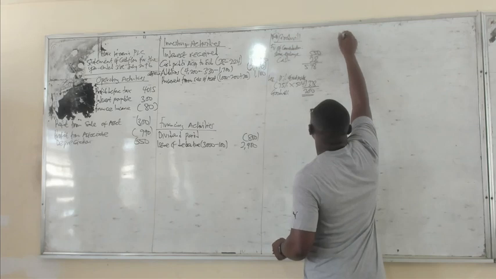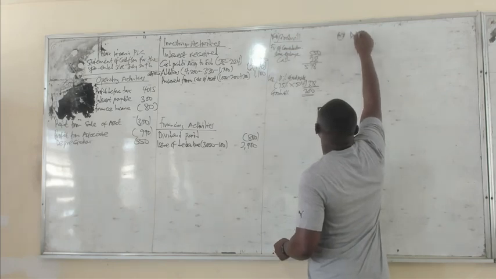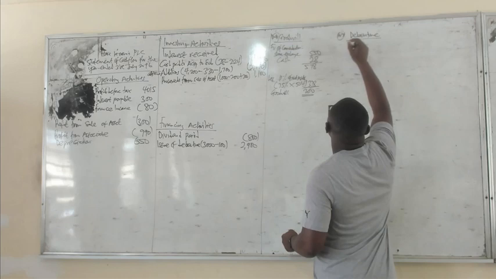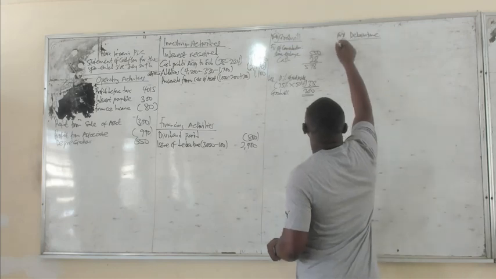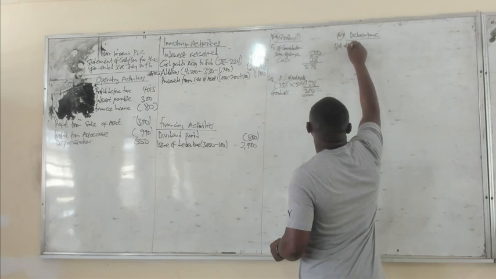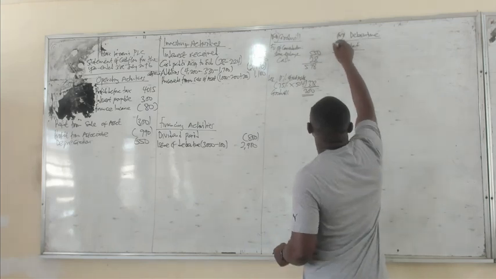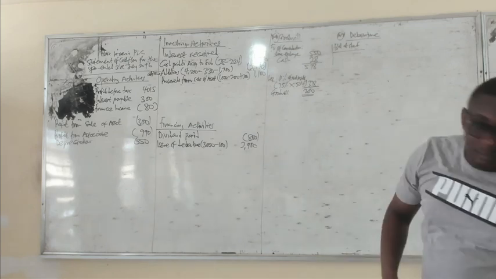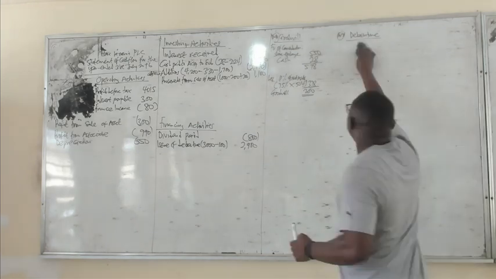So working number 2, debenture. We have the balance at start. So we just apply the financial instruments format.